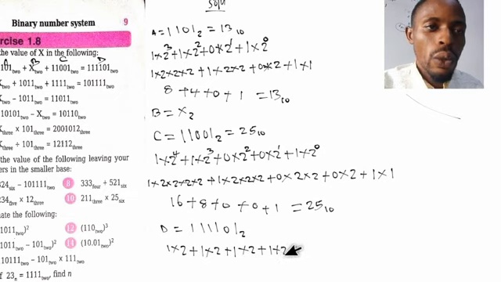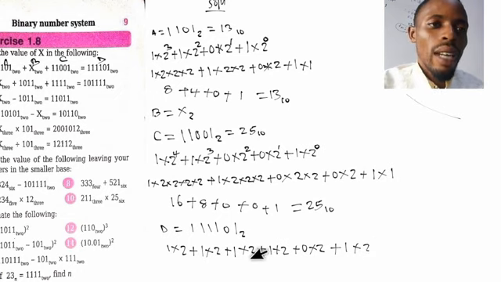How many ones do we have here? Let's count: 1, 2, 3, 4. So we have 4 of them. Then we have a 0, that is 0 multiplied by the base 2, plus the next one, 1 multiplied by the base 2.